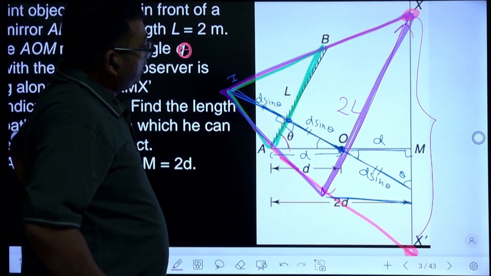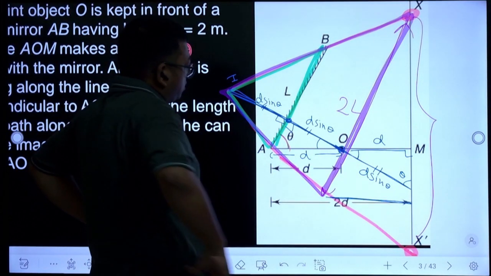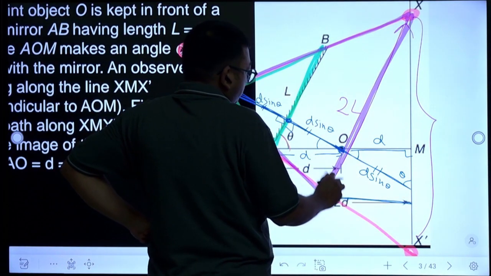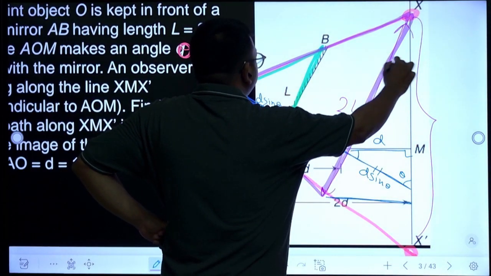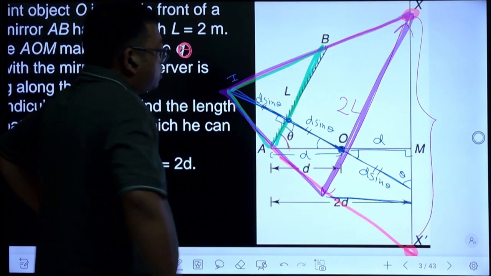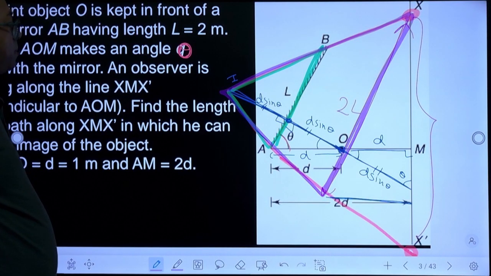Okay, and if that is 2L, then this angle is theta. Can we now try to calculate these angles? If I calculate this angle, game is over. Definitely we can try. It's not very difficult. Think about it.